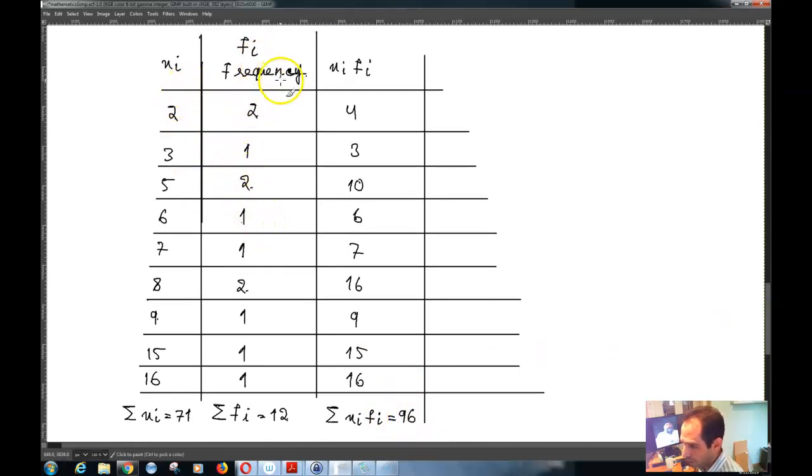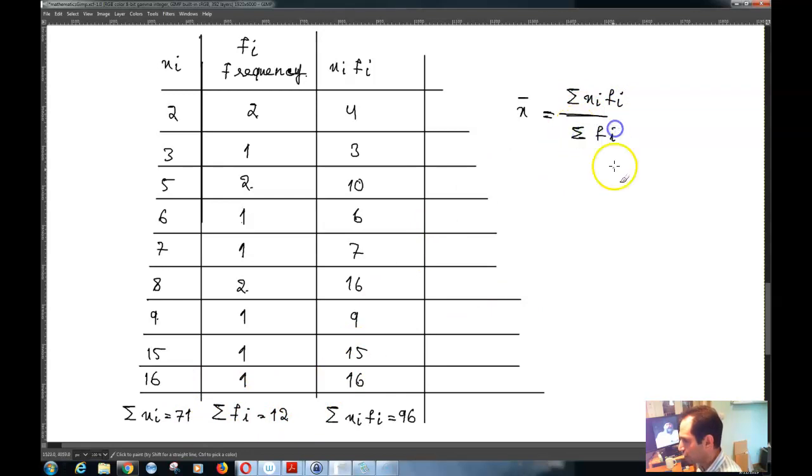And basically the number of those numbers is sigma f of i. So then the average of all of those numbers that I have written up there, if I call it x bar, is going to be equal to sigma x of i f of i divided by sigma f of i.